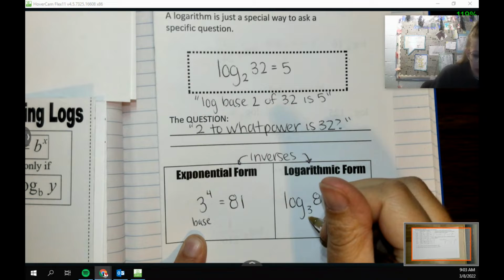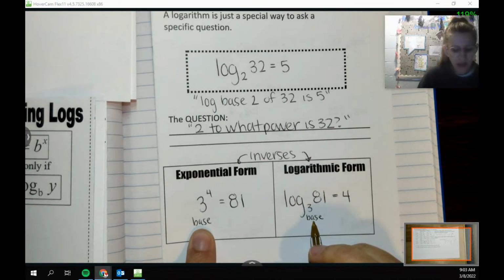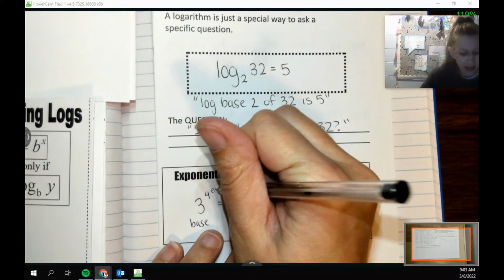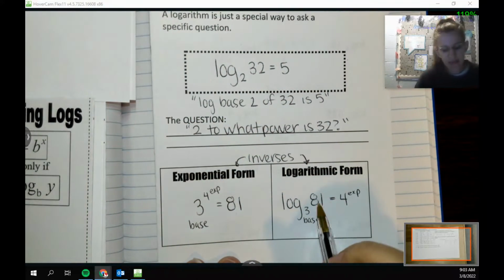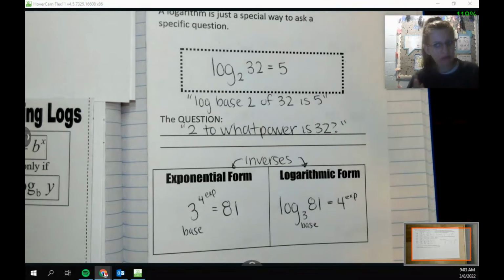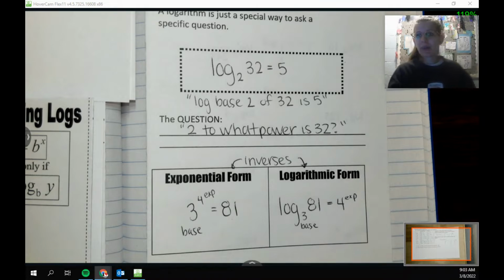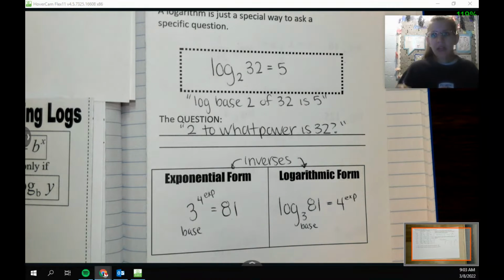And then this basement number, this bottom number, is also your base. And then a logarithm will always equal an exponent, and this is my exponent. And then this is kind of the result, I suppose. I'm just not going to label it. These two are always easy for me to figure out, the base and the exponent, and where they go is super important. And then there's only one number left, so it's just got to go in the other place.